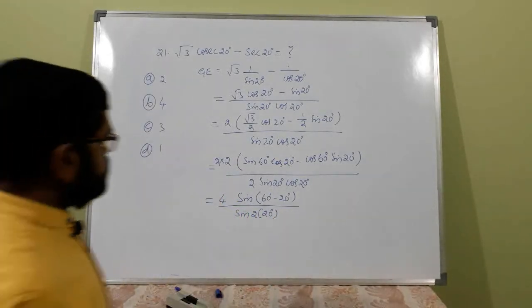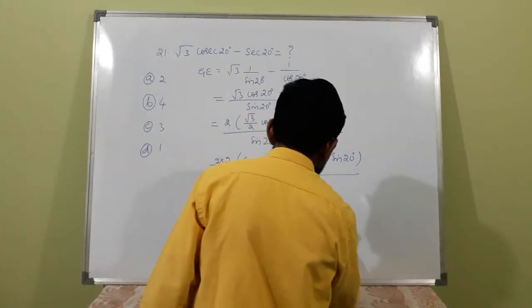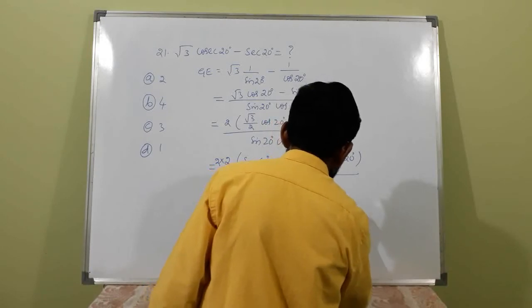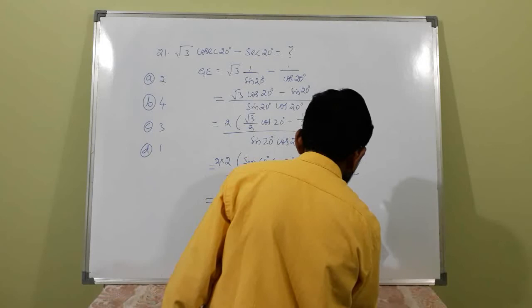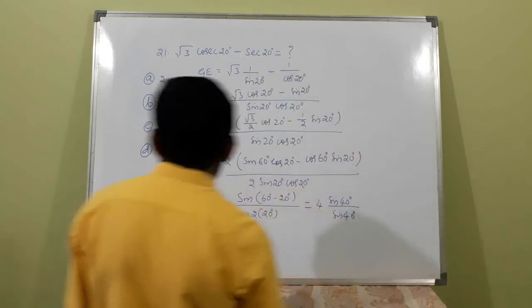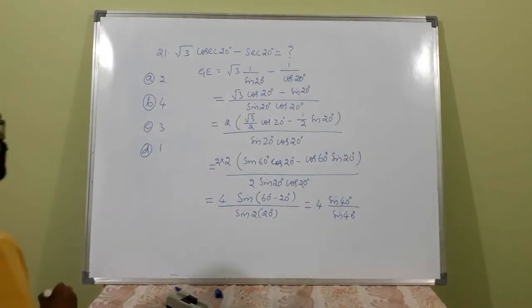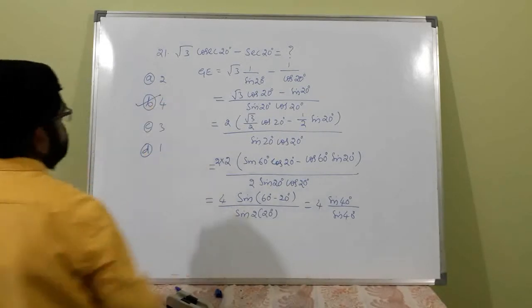That is 4 times sin 40 divided by sin 40. So the answer is 4. So 4 is the correct answer.